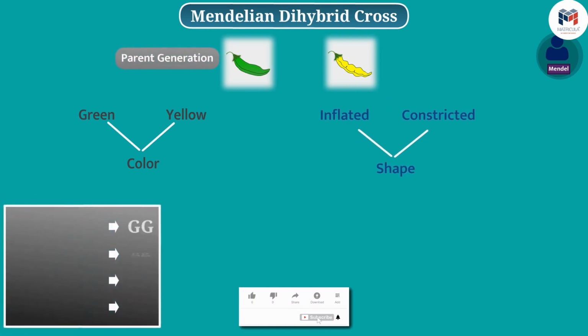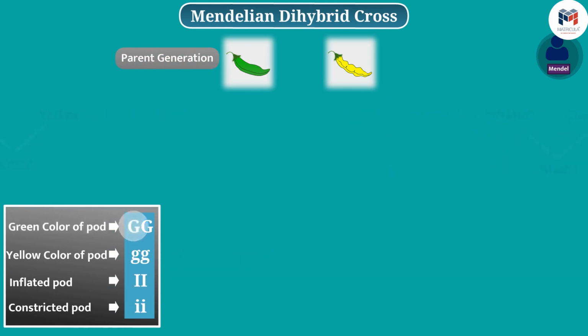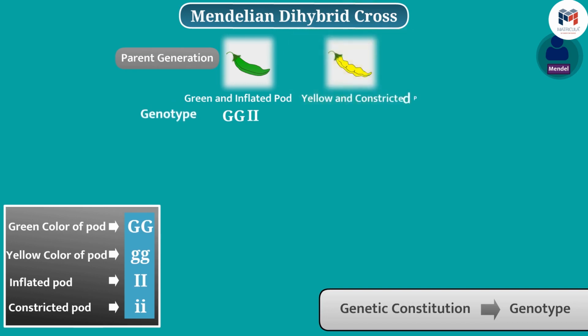Parents of F1 generation are homozygous for color and shape of the pod, so they have the same allele for a character. Genetic constitution of any organism is called its genotype. Therefore, the genotype of the parent with green and inflated pod is like this, and the genotype of the parent with yellow and constricted pod is like this.